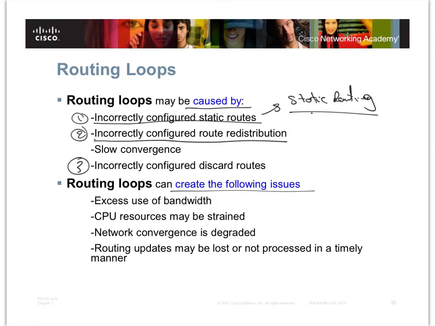But of course, even if everything goes well and route updates are all correct and we don't cross the route from the routing table, even if we don't do all these wrong things, routing loops might still happen because we have slow convergence.